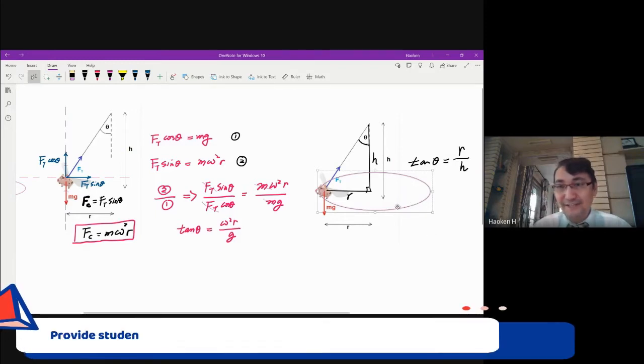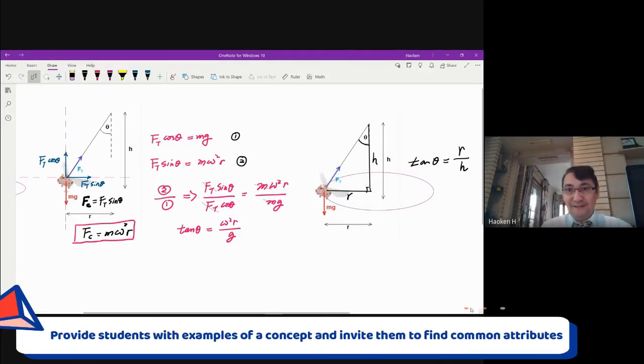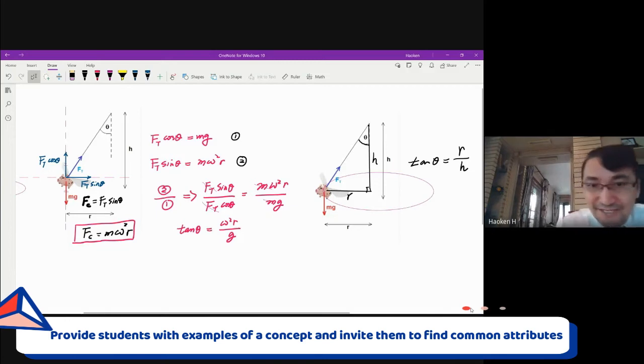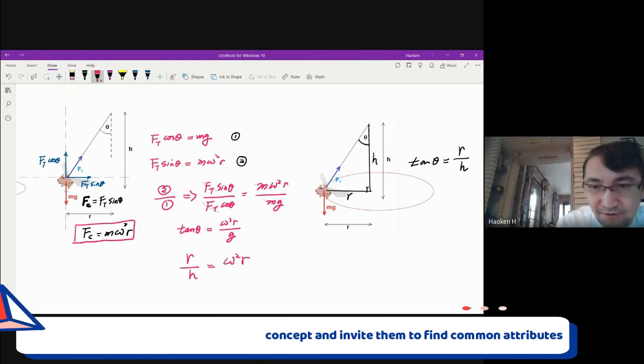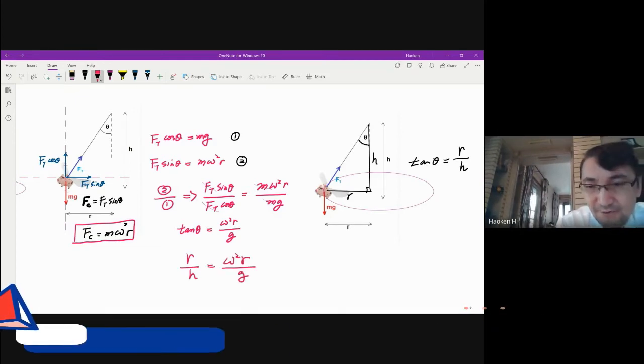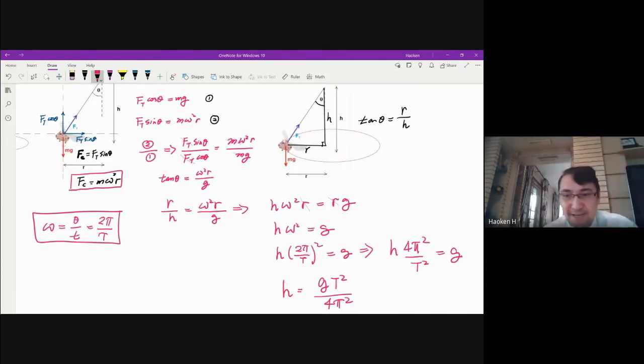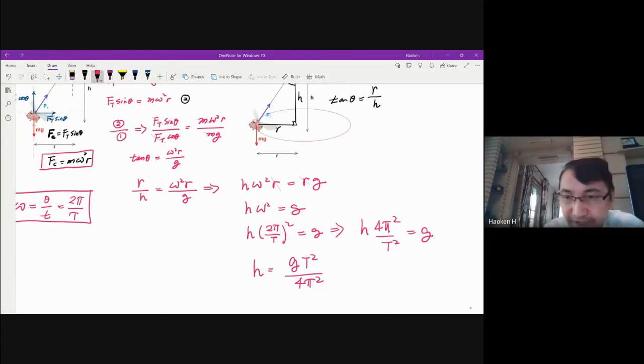That's nice. So we're going to plug in tan theta inside. So that is going to be R over H equals omega squared R over g. And we're going to cross multiply, and we're going to write down our final form: H equals g over 4 pi squared times T squared.